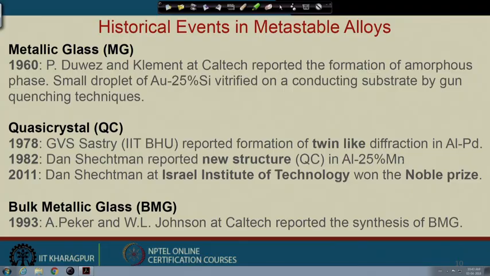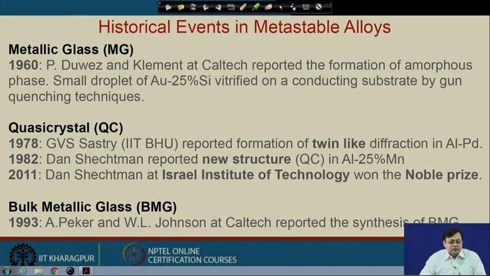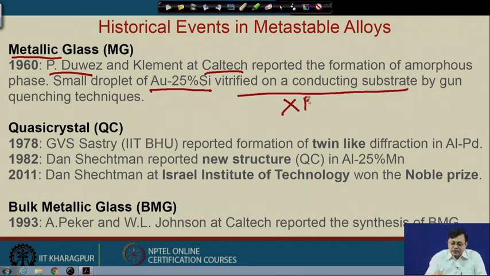Now, let us have a look at some of the historical events in metastable alloys. Simply metallic glasses; here we use the terminology metallic because the bonding itself is metallic. Professor Pol Duwez, a professor at Caltech, and Clement, one of his postdocs, were studying gold silicon alloys at that time, vitrified them on a conducting substrate and did some X-ray diffraction studies.